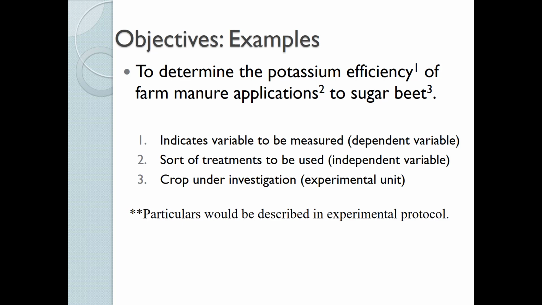And so, yes, we could probably define this even further, because we don't know if we're talking about an individual sugar beet plant, an acre, a field, several fields, etc. But this just gives you a really good introductory process to developing an objective. So again, just to reiterate, we need to make sure that we have a dependent variable, an independent variable, and experimental unit defined to have a really good objective.